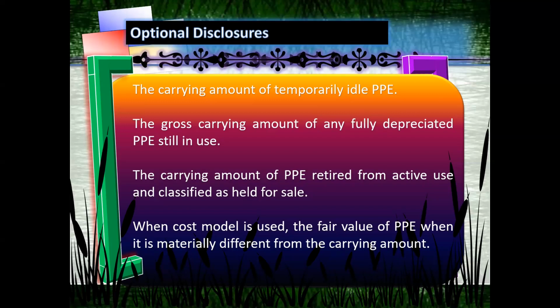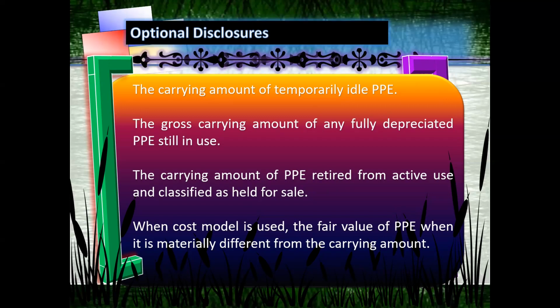So para malaman kung magkano ang mga idle na property, plant, and equipment. So another is the gross carrying amount of any fully depreciated PPE still in use. So still related to another type of PPE. Yung fully depreciated na pero ginagamit pa or yung temporary idle lang muna.